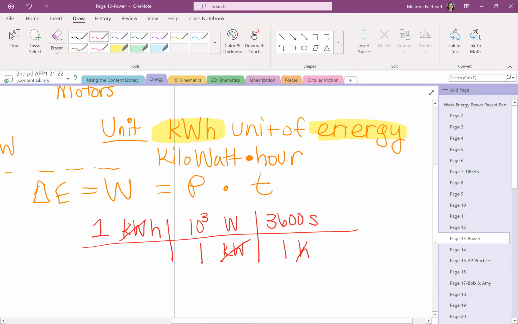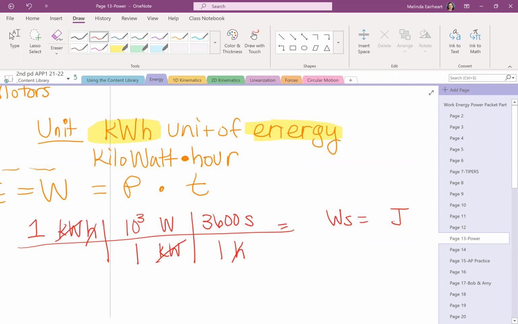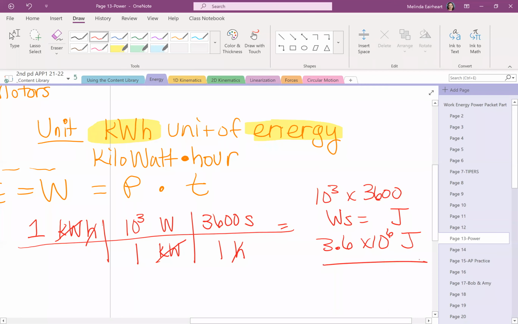And so now we would be in watt seconds, which would be comparable to a joule. Everybody's SI there. But what's the number? Whatever 10 to the third times 3,600, it would be 3.6 times 10 to the sixth.